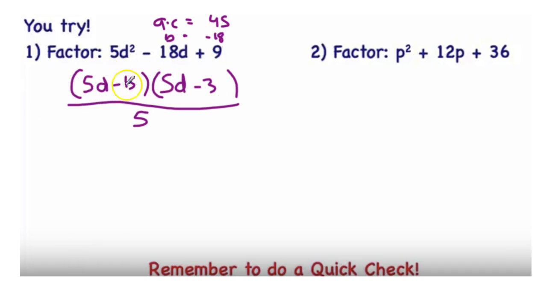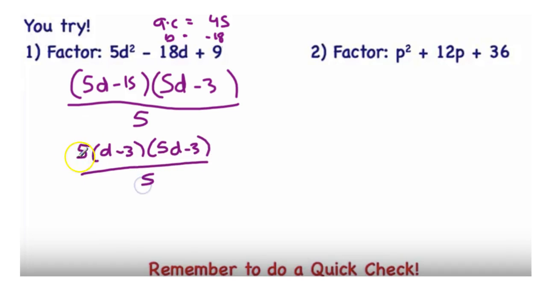Now, can I factor out a 5 from here? I can. So this becomes 5 times d minus 3, because 5 times 3 is 15. And then I can't factor anything out over here, so it's 5d minus 3. And that's divided by 5. Boop, boop. And those cancel. So I'm left with d minus 3 times 5d minus 3.